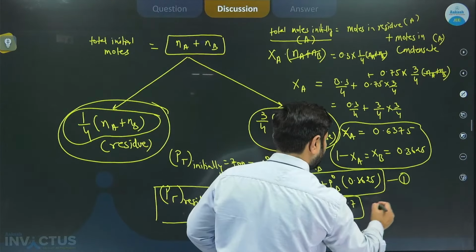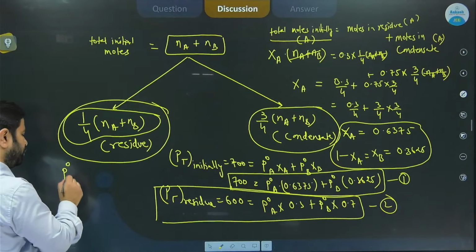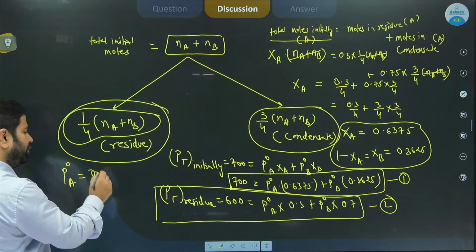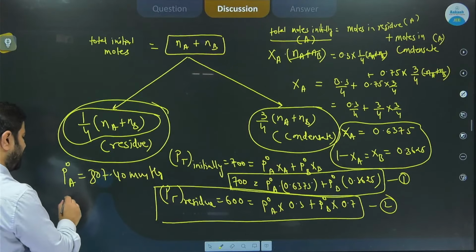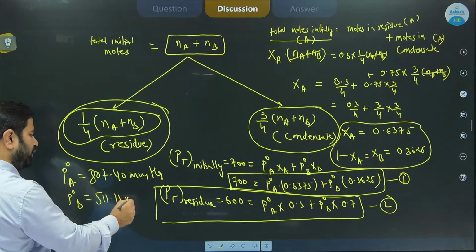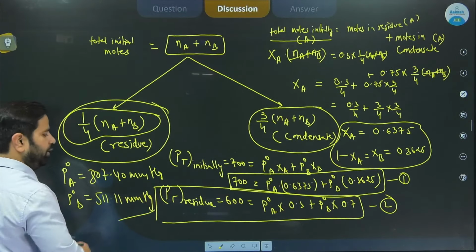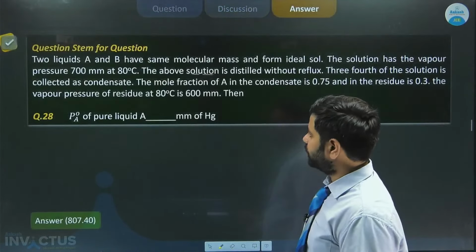First equation, second equation. After solving the first and second equations, you will get P naught A as 807.40 mm Hg. You can simply calculate, and P naught B is 511.11 mm Hg. Okay. Now let's check the answer to this question.